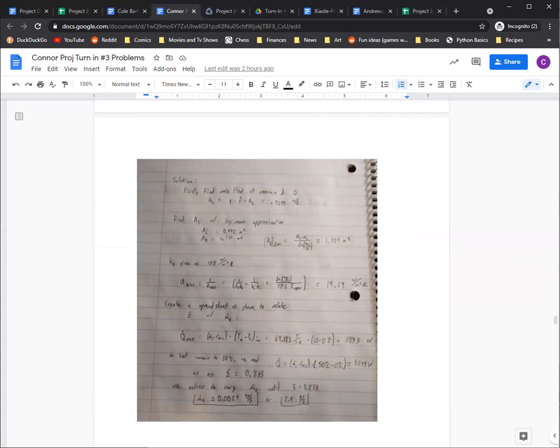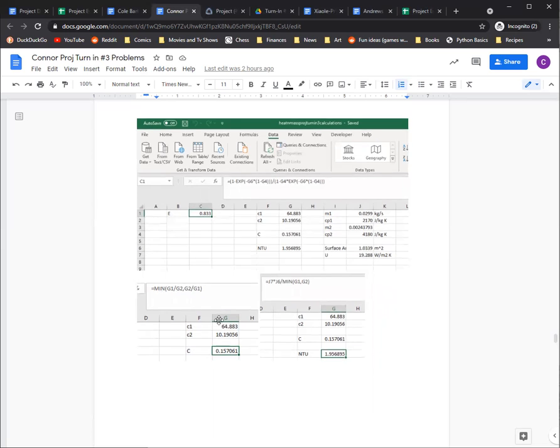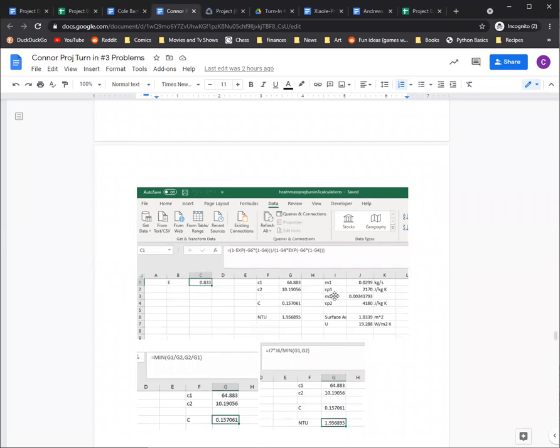I just plugged it into Excel because that's the easiest way to do this. You just create some minimum functions here to ensure that you always have C min over the other one, for example. And you can change the mass flow.